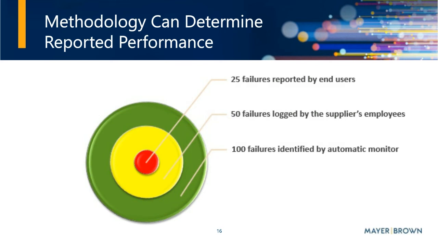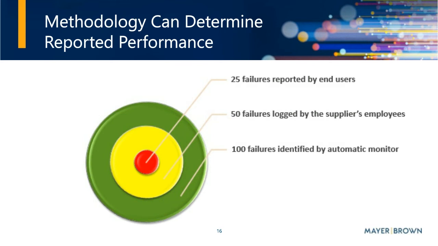In the second methodology, indicated by the yellow circle, the number of failures is logged by the supplier's employees as a part of their job. This will likely result in a more exact count, as the logging will be built into the service process. However, there will still be certain failures missed due to human error or issues in the process.